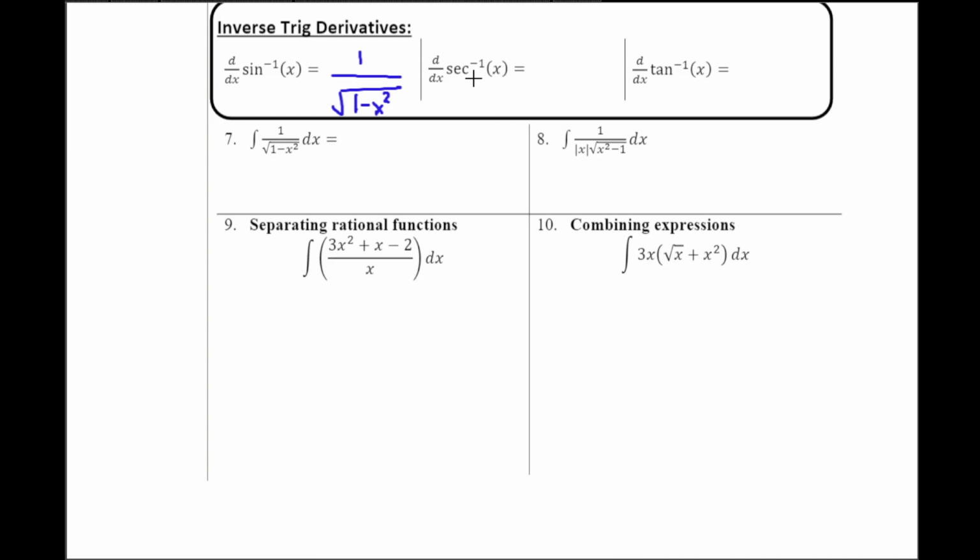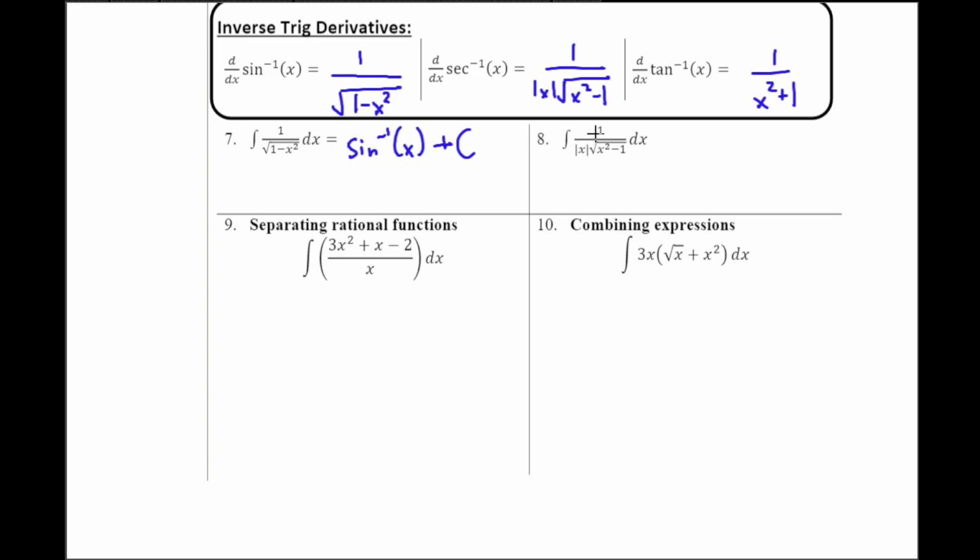Derivative of inverse secant of x is 1 over absolute value of x, square root x squared minus 1. And the derivative of arctan of x, or tan inverse x, is 1 over x squared plus 1. So, the integral of 1 over square root of 1 minus x squared, well, that's just arc sine, or inverse sine of x plus c.